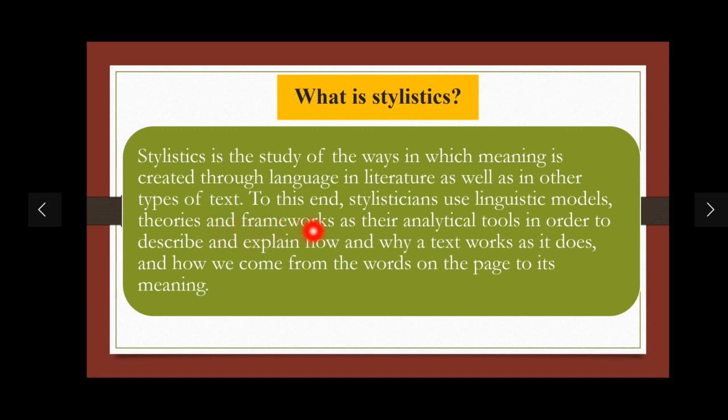To this end, stylisticians use linguistic models, theories and frameworks as their analytical tools in order to describe and explain how and why a text works as it does, and how we come from the words on the page to its meaning.